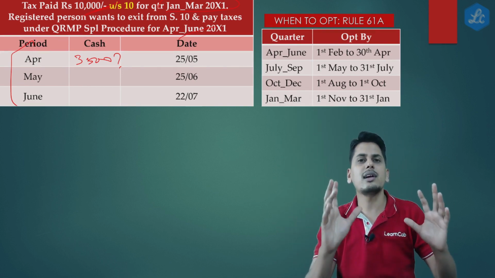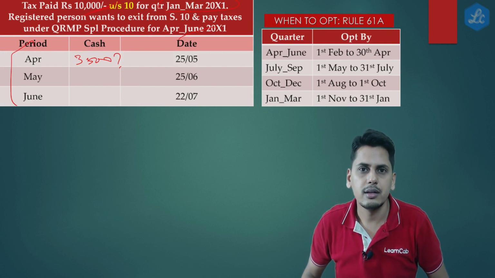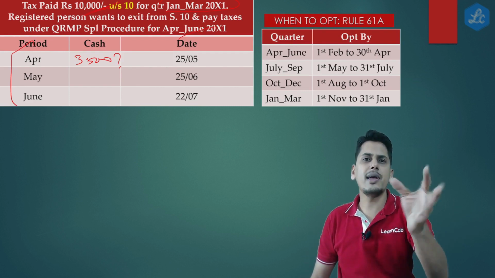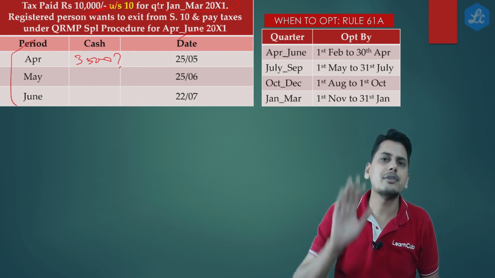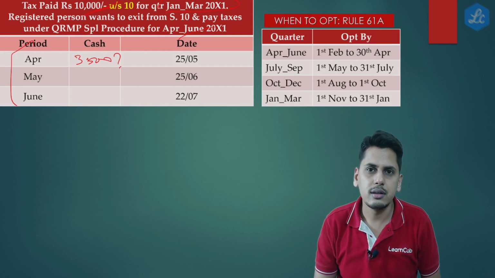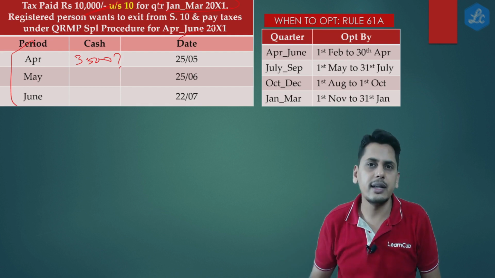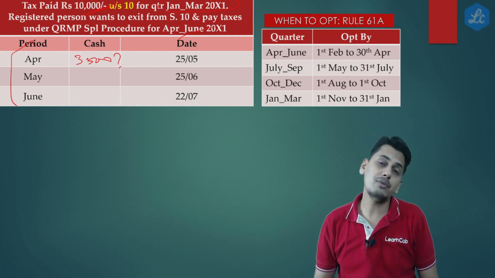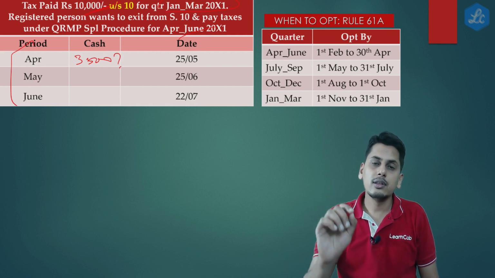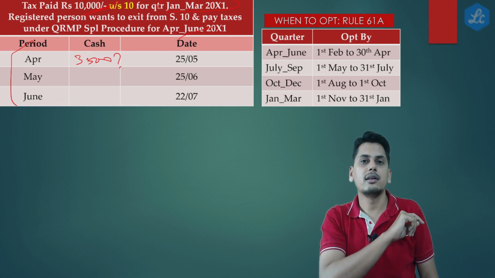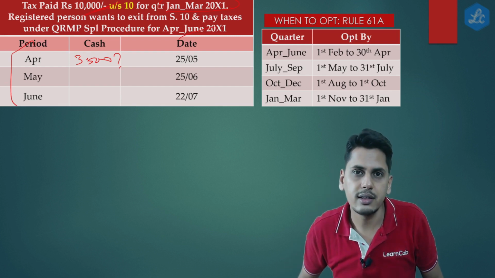Are they both in comparable terms? Under section 10, he might have paid taxes at 1% or 5%, or under section 10 at some 6%. Those taxes he would have paid without considering input tax credit.